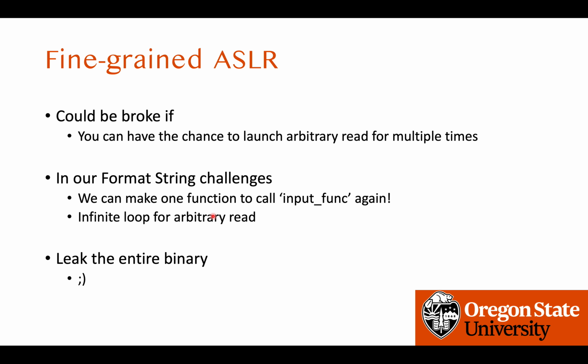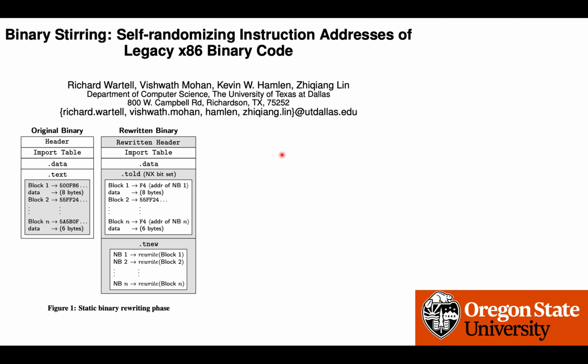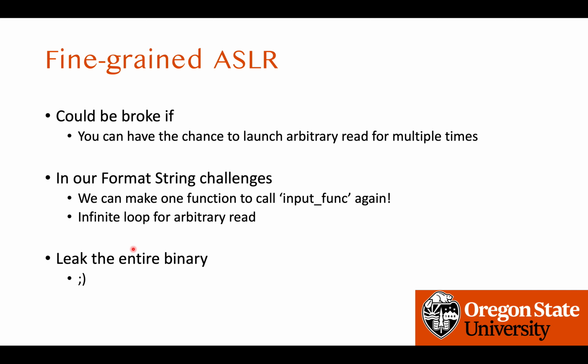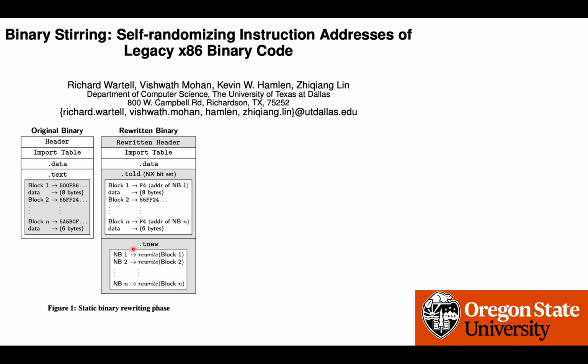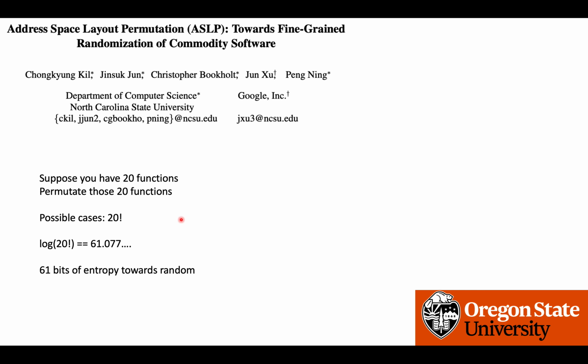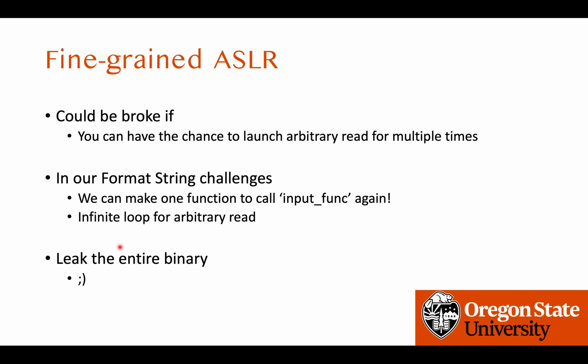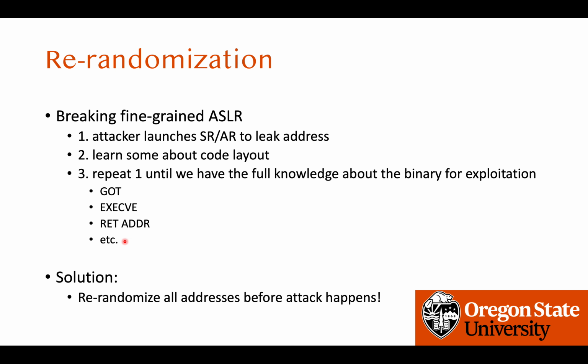In that case, you can leak the binary content multiple times. If you can leak the entire binary with this method, then no matter how you randomize instruction by instruction or shuffle the functions, if we have the entire binary and the addresses, then yeah, ASLR could be defeated.